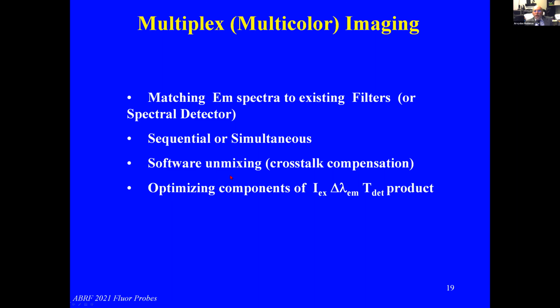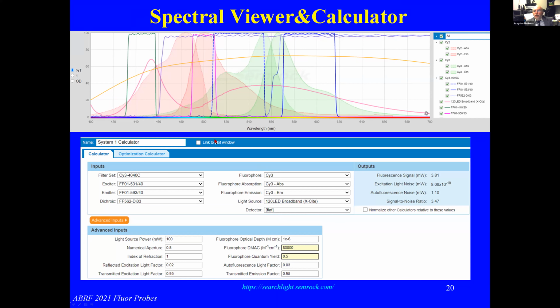So here is an example of the spectral viewer, which allows you to visualize, for example, what you see here. The curves are listed here. So we have excitation and emission spectrum. So in these reddish colors for the probe site 2, and the green curves are for site 3.